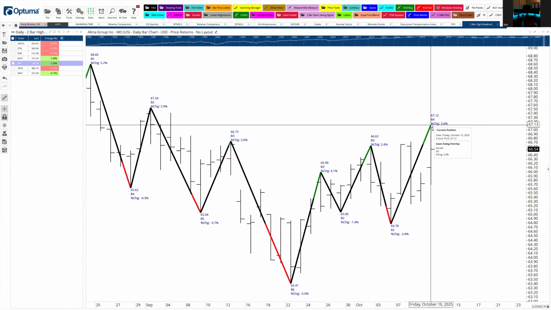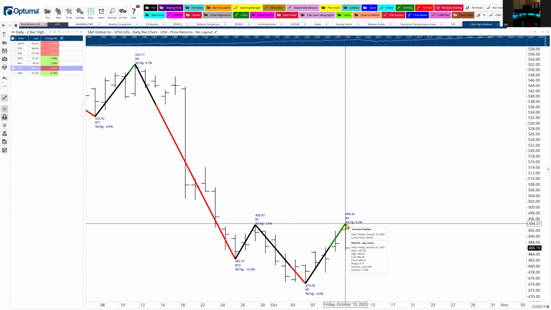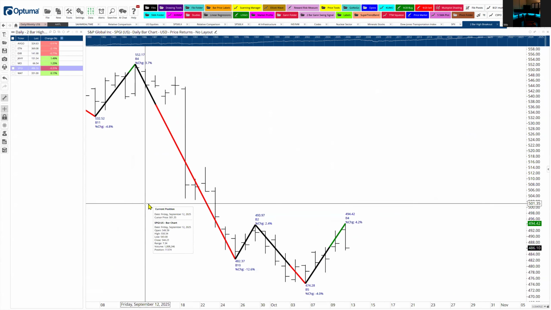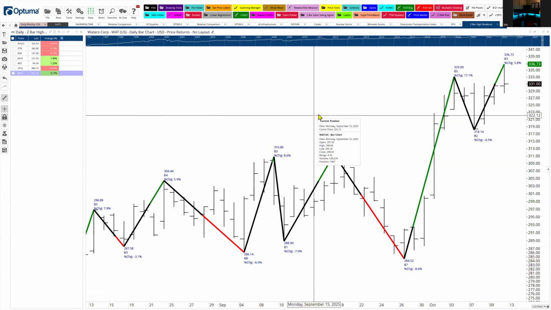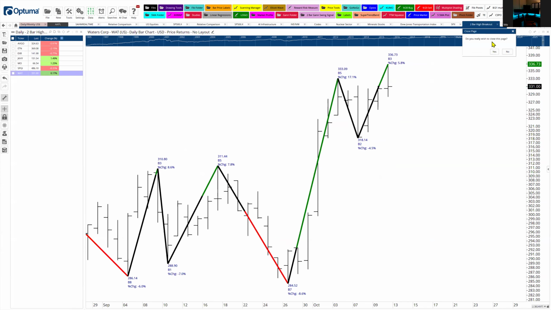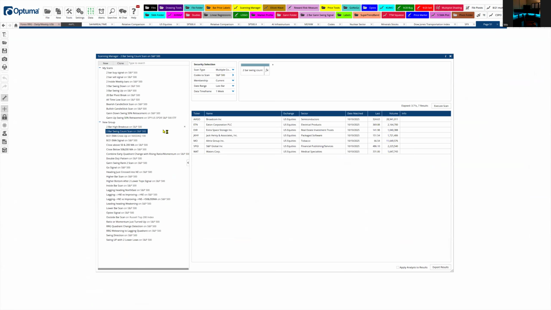See, this high is higher than the previous high. Same thing here. Barely, but it made it. 193.97 versus 194.42. Same thing here. This is why these are the ones.